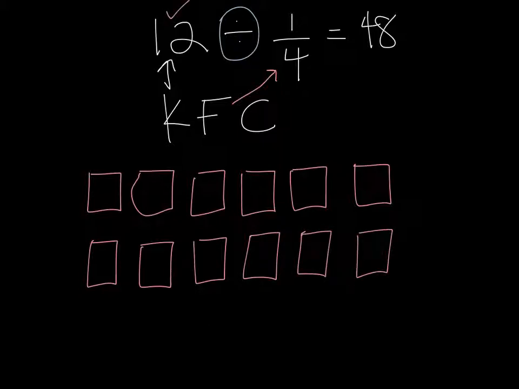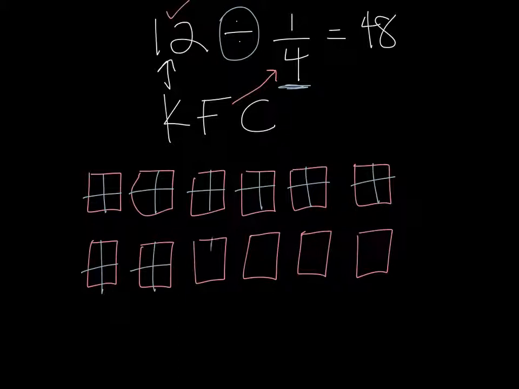Now when I look at my second fraction, I'm going to look at the denominator. The denominator says each of these objects needs to be cut into fourths. So I take all 12 objects and cut them into fourths. There are my fourths.